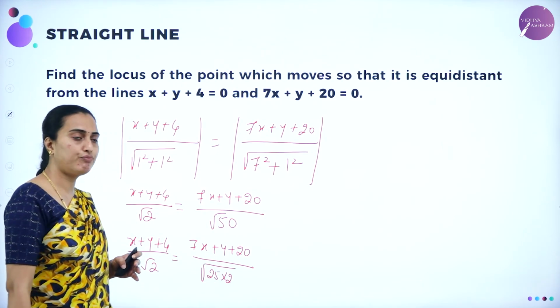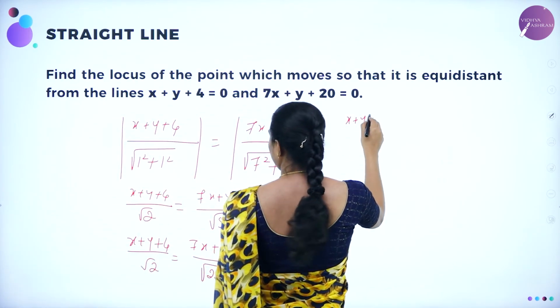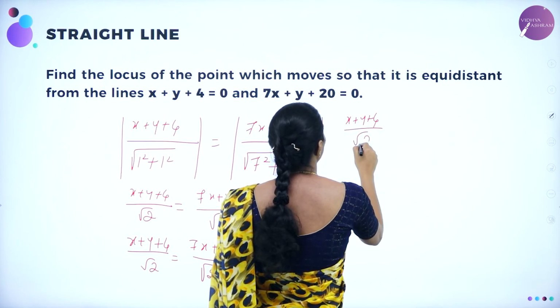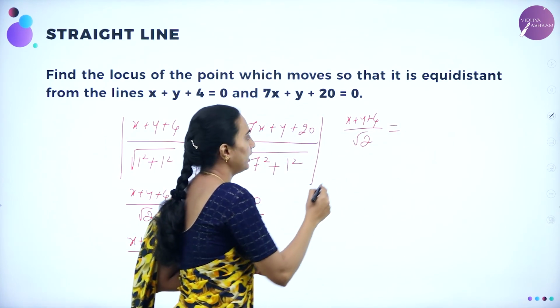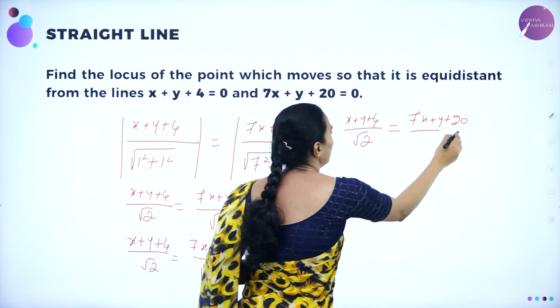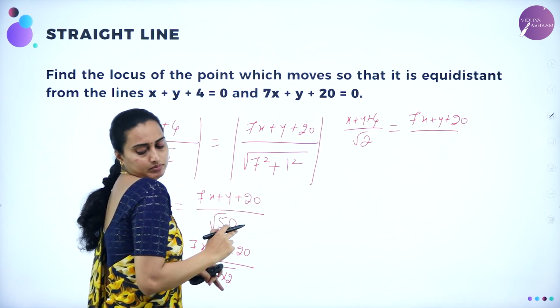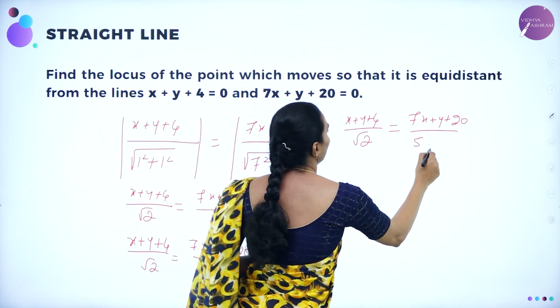Root 25 is 5. So therefore, left hand side is x plus y plus 4 divided by root 2 is equal to 7x plus y plus 20 divided by square root of 25 is 5, 5 root 2, right? So 5 root 2.